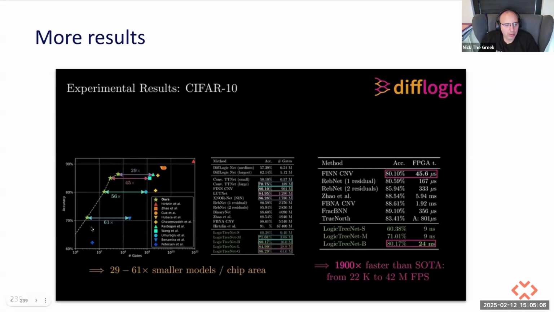So you see here the difference, it's between 30 to 60 times smaller models per chip area, which is huge. And you can also see the speed, it's 1900 times faster than state of the art. It goes from microseconds to nanoseconds. So that's amazing.